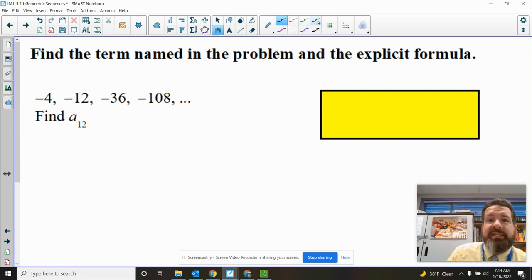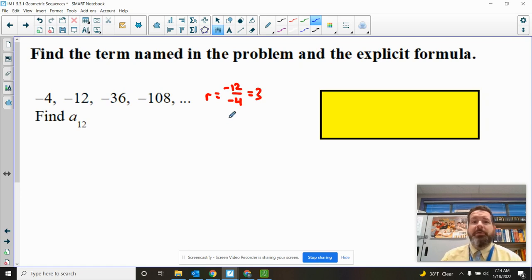So first off, let's get our common ratio here. So the common ratio is going to be bottom divided by top. So second term divided by first term. There's your common ratio. So the formula is pretty straightforward, I hope. So let's notice it's a practice sheet notation, so I'm going to use the practice sheet notation of the formula.